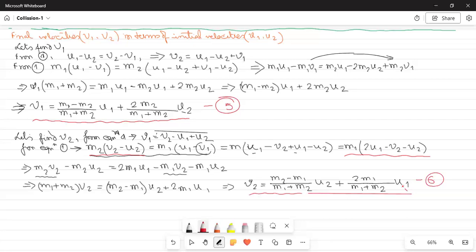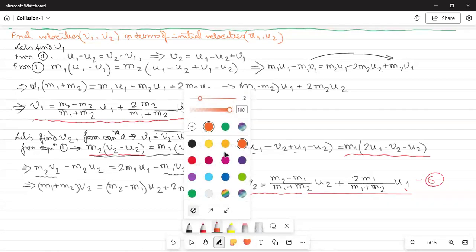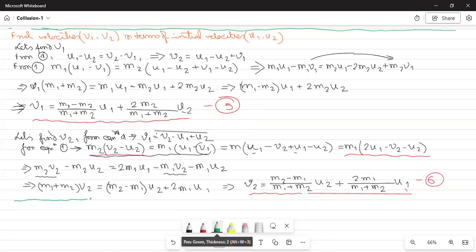But one thing I assured you that for your practical purposes, for numerical examples, you will really not need these difficult equations.